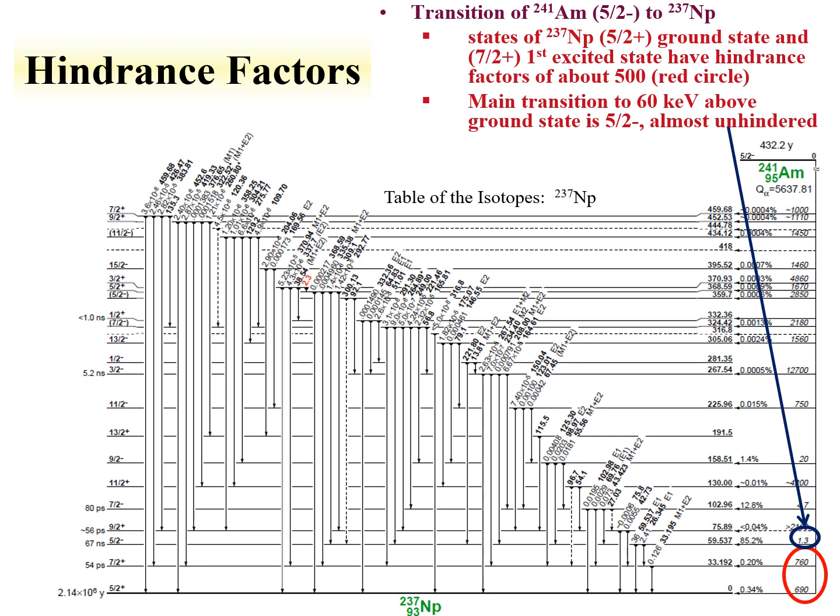We see the hindrance factor is just barely over 1. And the reason for that has to do with the similarities between the spin and parity states of the parent and the daughter. The spin's the same, the parity is the same, so there's no hindrance. We see that for the ground state, the spin is the same, but there has to be a parity flip, so that's going to increase the hindrance.